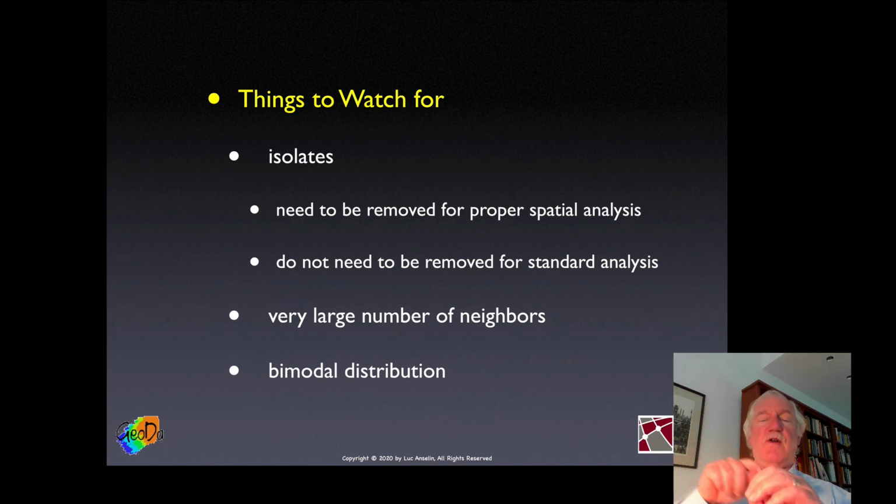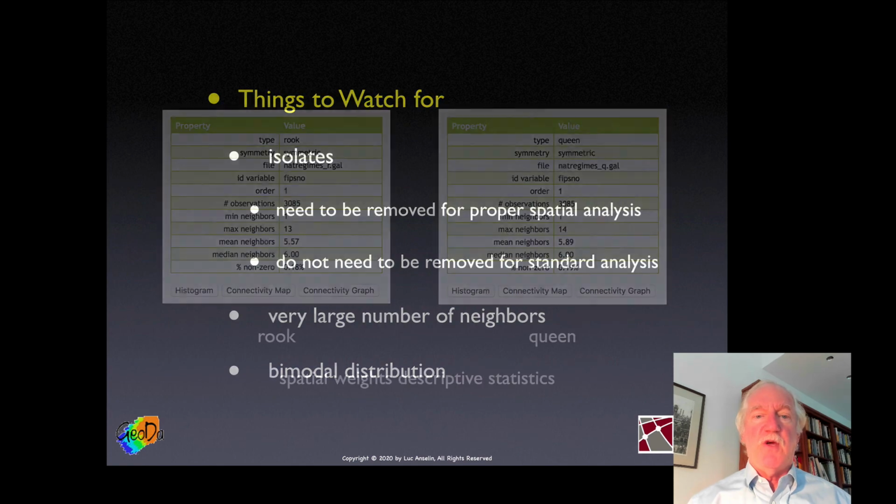So all these city counties only have one neighbor, the county that actually contains them. And all the other counties have a regular number of neighbors, in the US around 5 or 6 on average. So that gives you a bimodal distribution, which is something you should watch out for because it will affect what your spatial autocorrelation measure picks up.